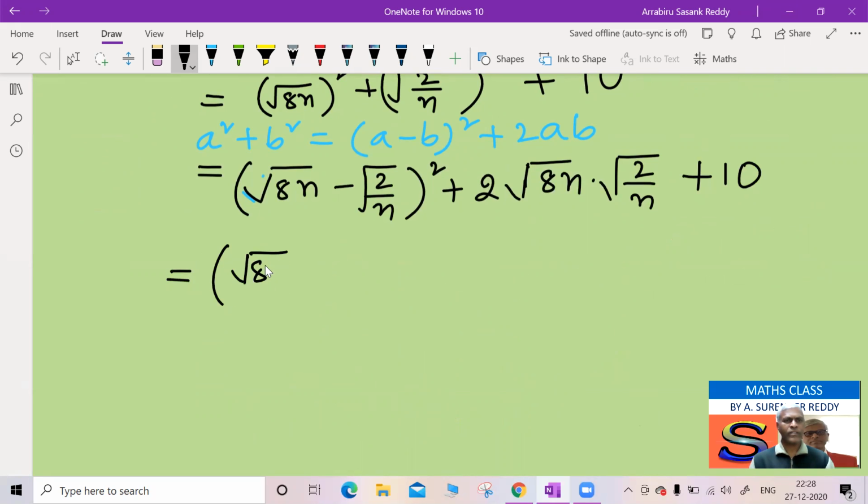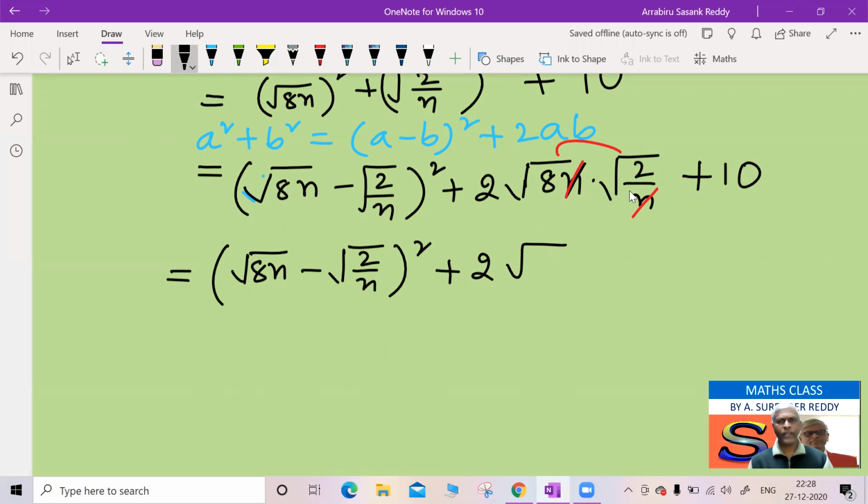So no change in the whole square term. Now here root n and root n will get cancelled. If you multiply root 8 into root 2, this becomes root 16, 8 into 2 is 16.